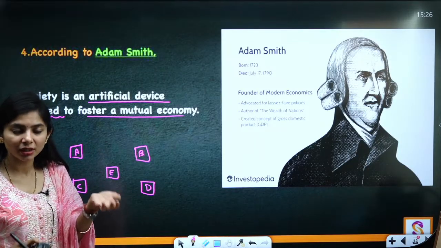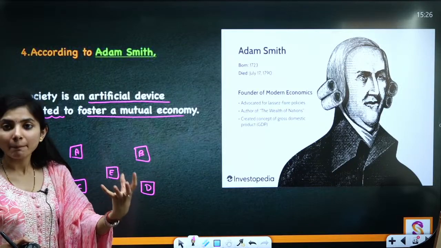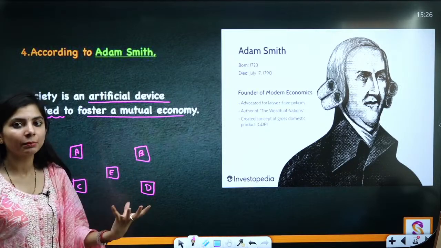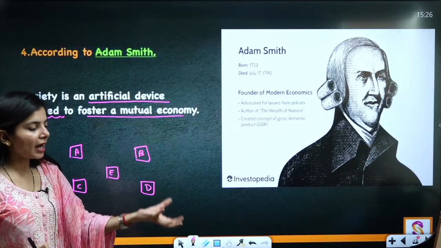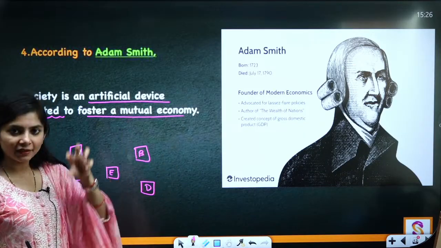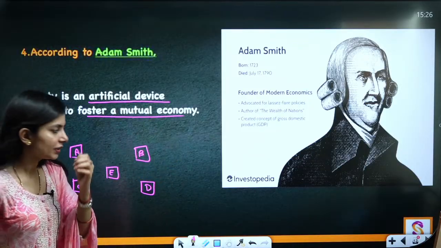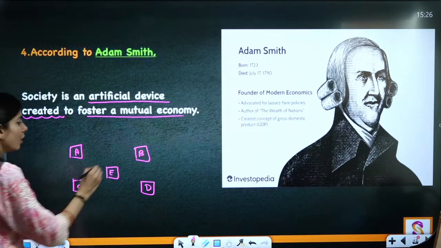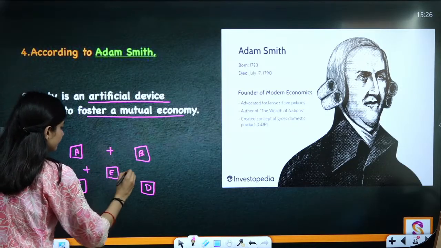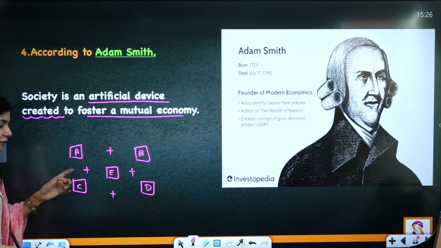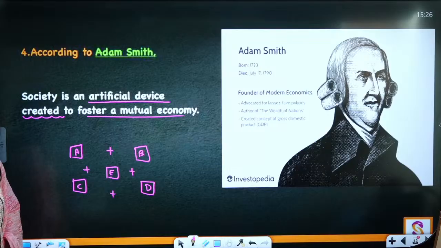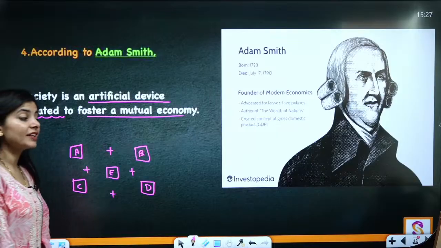It means they won't be able to get the benefit, because on a small land they are putting in so many efforts and investing so much money in machineries. So what we can do is, all these people can join hands. If they join hands, they will share their tools, and when they share their tools, this will show cooperation.